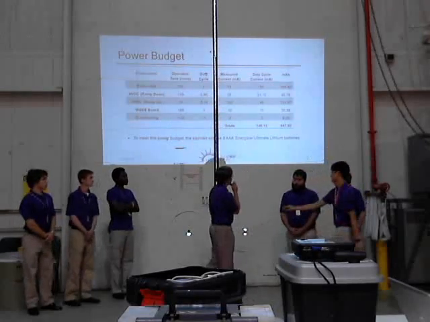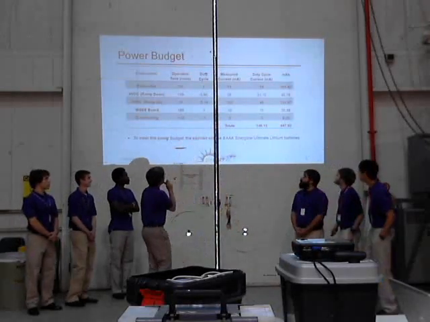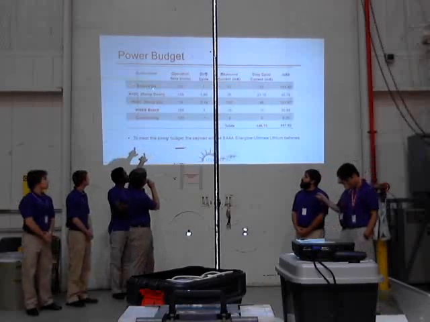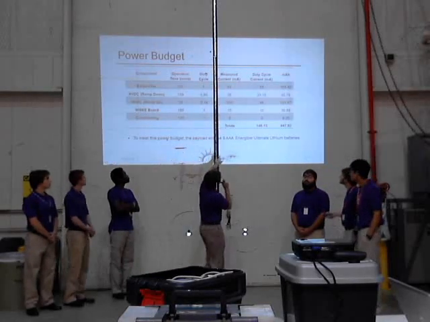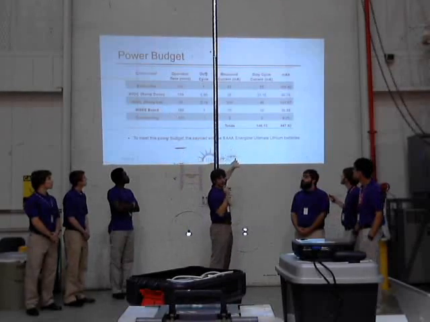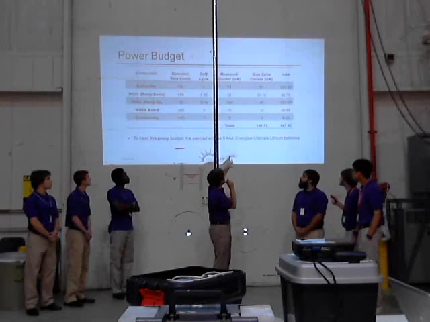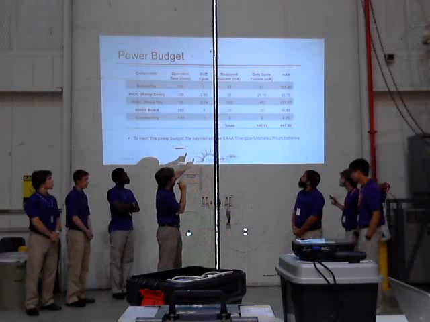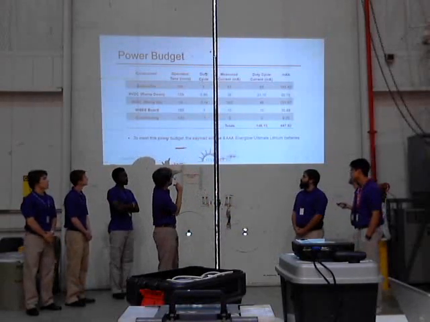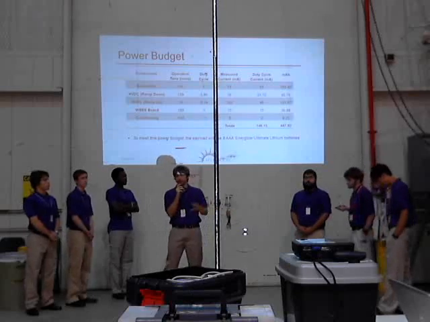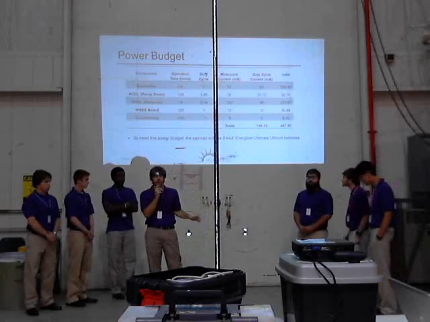So this is our power budget. On the far left side, those are the individual components of the system. Perhaps the most important thing is the measured current that each of the components is going to draw, and then you factor that in with the duty cycle that each component is going to be operating. For the most part, the components are going to be running the entire flight. The BASIC Stamp, all that's going to be running the entire time.